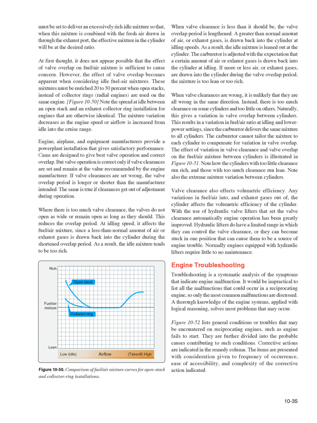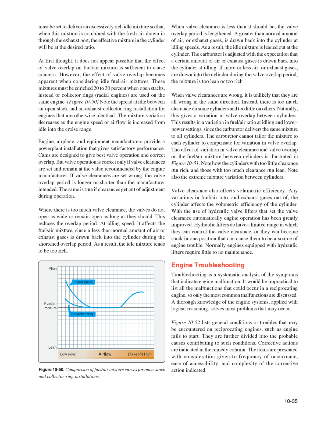When valve clearances are wrong, it is unlikely that they are all wrong in the same direction. Instead, there is too much clearance on some cylinders and too little on others. Naturally, this gives a variation in valve overlap between cylinders. This results in a variation in fuel/air ratio at idling and lower power settings, since the carburetor delivers the same mixture to all cylinders.